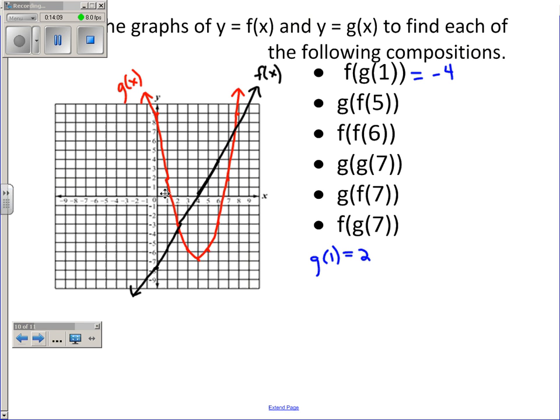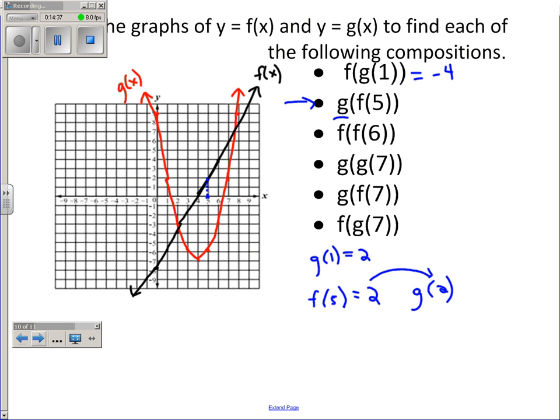All right, let's look at the second one. First thing I want to do is find f of 5. So I go to 5 on the x-axis. I go up till I hit the f of x graph. I hit that at 2. So now I want to find g of 2. I get the 2 from that answer, and I get the g from outside.